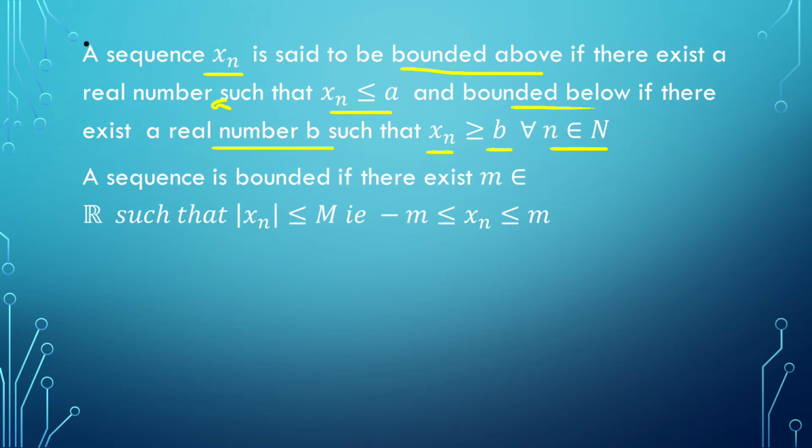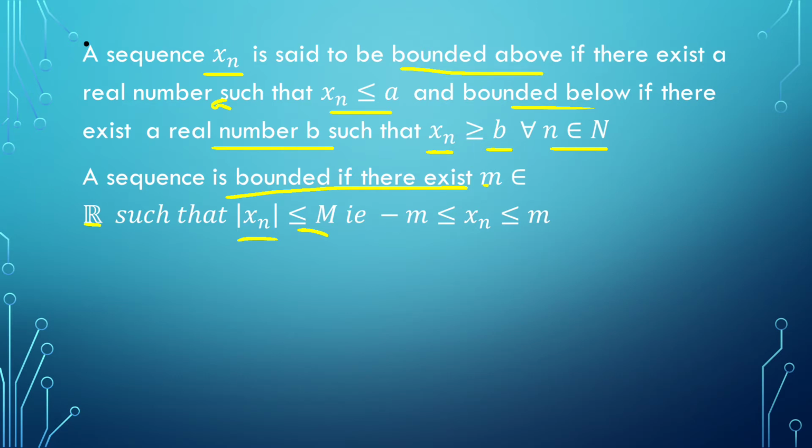So we say that a sequence is bounded if there exists a given M, which is a real number, such that the absolute value of xn is less or equal to that M. What does this mean?